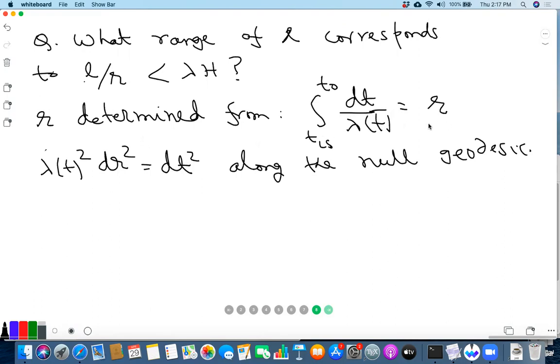Anyway, this determines R, but it will not be very important for us, because we are going to use the knowledge that we have from some calculation done earlier.